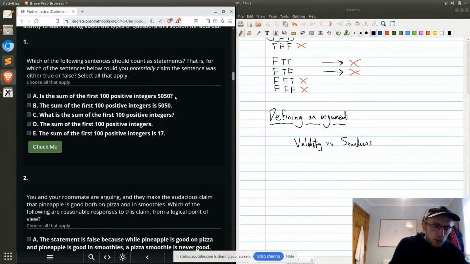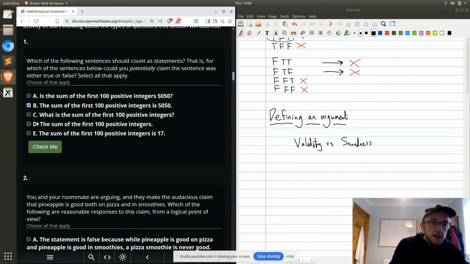For statement 1, this does not apply as it's a question. For statement 2, this does apply, and in fact, it's actually true. Statement C, all right, did I say statement 1 and 2? Statement A and B, okay. Statement C, well, that's a question, so it doesn't apply.